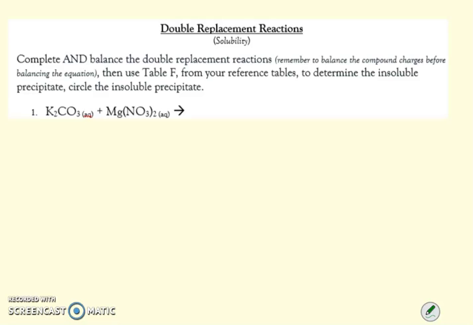They are aqueous solutions. When you mix them together, you need to determine whether there's going to be an insoluble product. So you mix them together, and you get possible combinations called magnesium carbonate and potassium nitrate. This is where you look at Table F and say, do any of these things form insoluble precipitates?